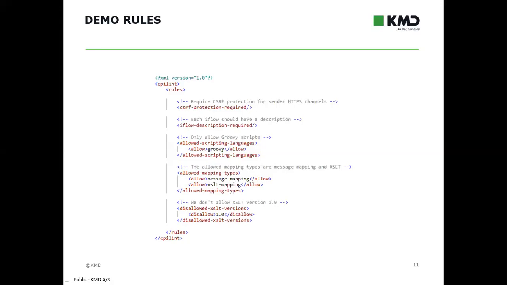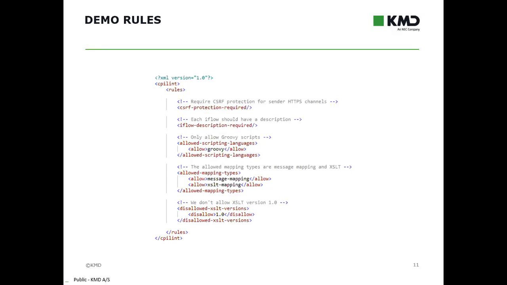This is a CPILint rules document. It's just an XML document containing the rules that I want to apply. I just selected a few here for this demo. The first one says that every sender HTTPS channel should have cross-site request forgery protection enabled. The next one says that every iFlow should have a description. That seems reasonable.